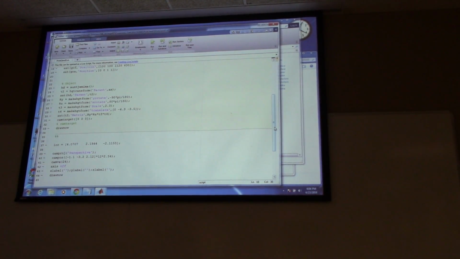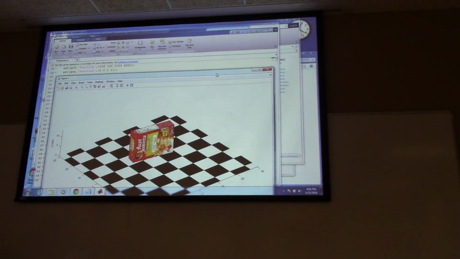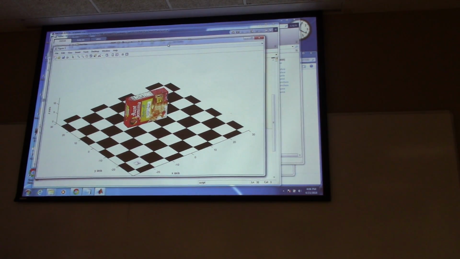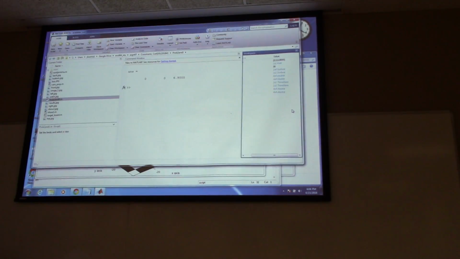If I don't set cam target, just leave it out, but identify it anyhow, I'm going to print out the camera target. Does the image look any different? Not really, but it's a tiny bit different because the default cam target is 0, 0, and up a little bit.